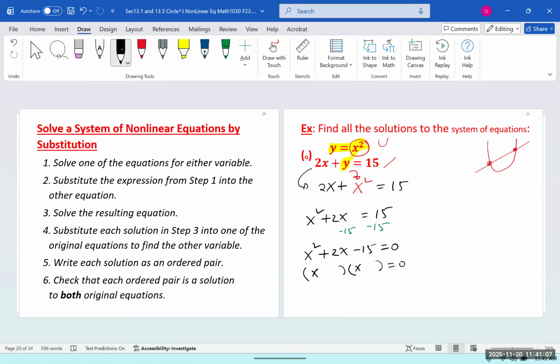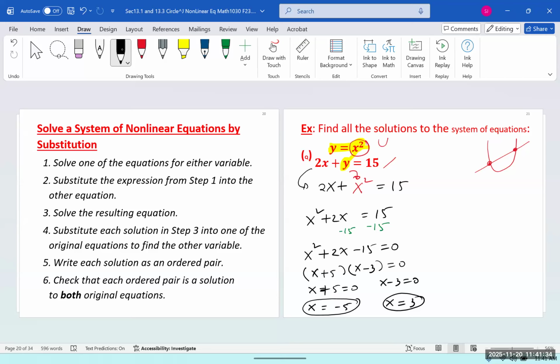Two numbers that multiply to negative 15 and combine to positive 2: positive 5, negative 3. So we have x plus 5 equals 0, x minus 3 equals 0: negative 5 and positive 3. These are the x values.